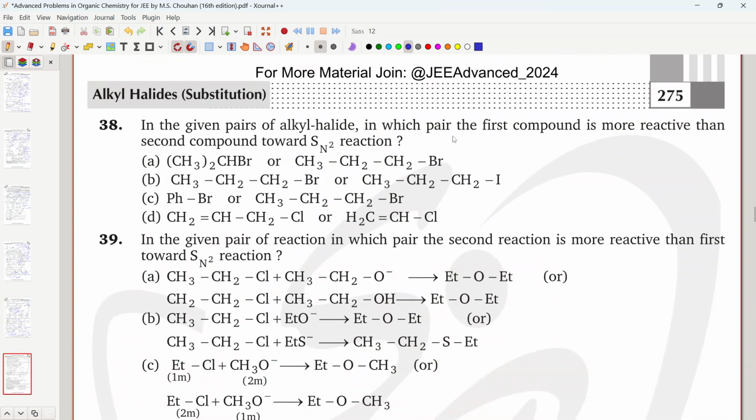Okay. Now question number 38. First component. Remember that SN2 depends on steric hindrance, resonance, and a better leaving group, right?